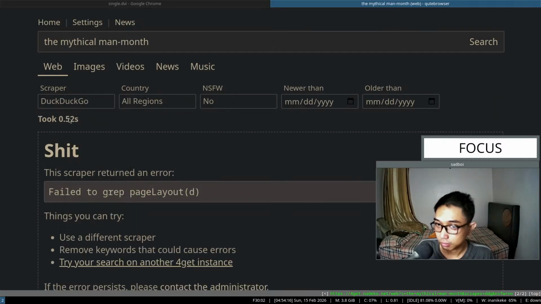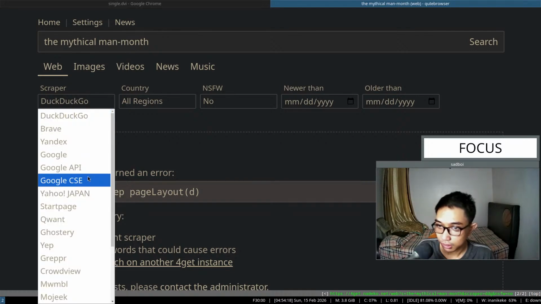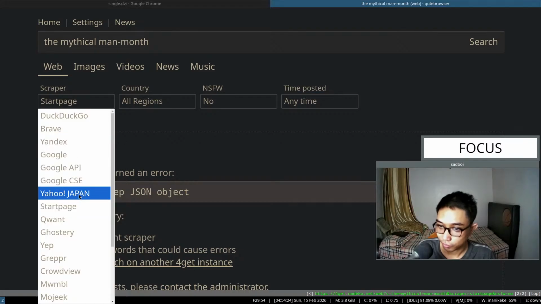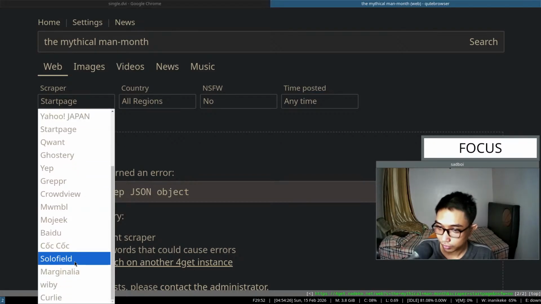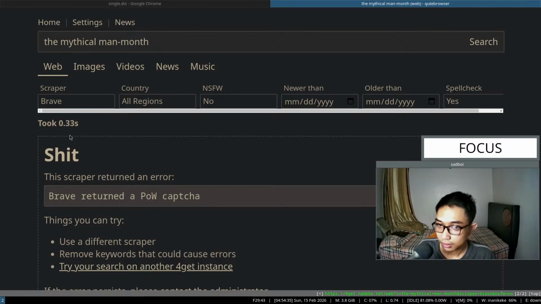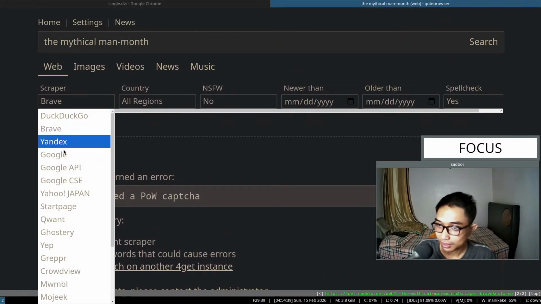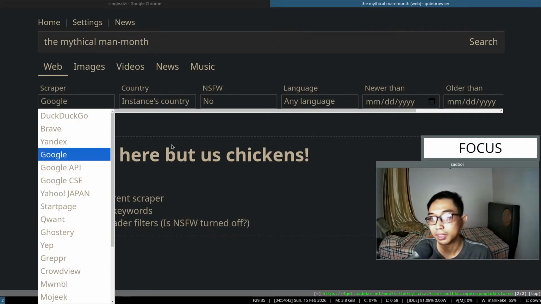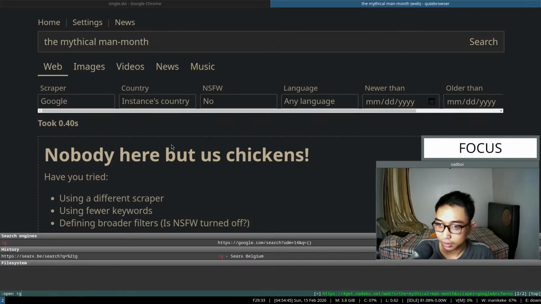Wait, if this fails, let me check. Like really? Every scraper fails. You know what? Let's just use this.